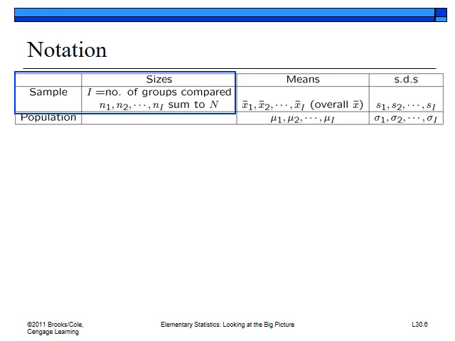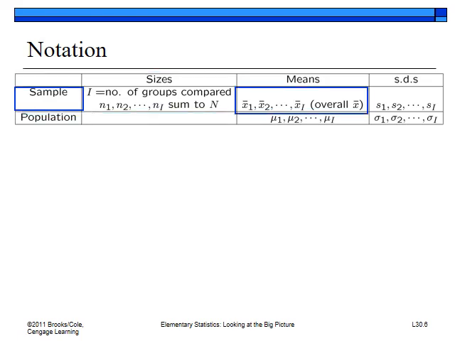Remember, the categorical explanatory variable takes our big sample and breaks it down into smaller samples. The means in the sample we'll denote as before, X bar with a subscript that corresponds to the group number that we're looking at.